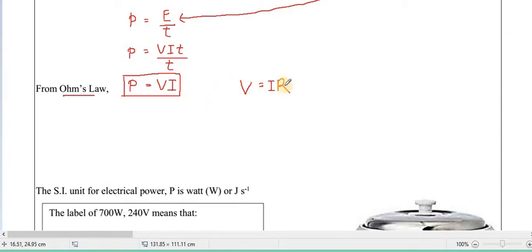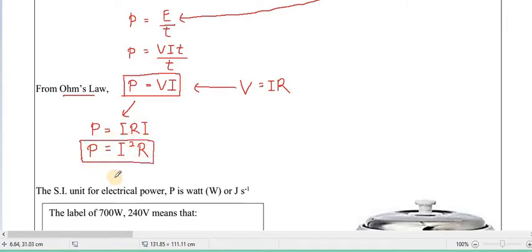For example, we substitute V equals IR into P equals VI, and we get P equals IR times I, current times resistance times current. So the power equals the current squared times the resistance.